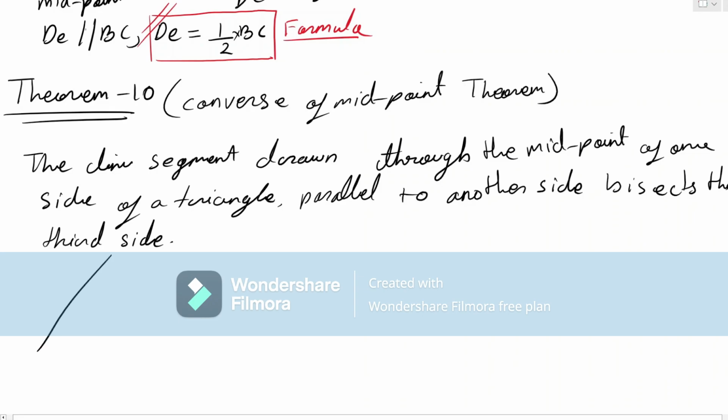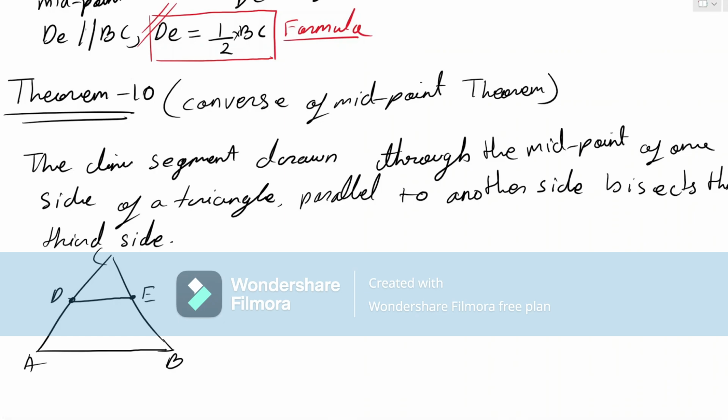Right. Let's draw a diagram. Let's draw our midpoints, that is D and E. Now let's read this theorem again. The line segment drawn through the midpoint of one side of a triangle parallel to another side bisects the third side. Now let's name it ABC. We have a midpoint on AC.